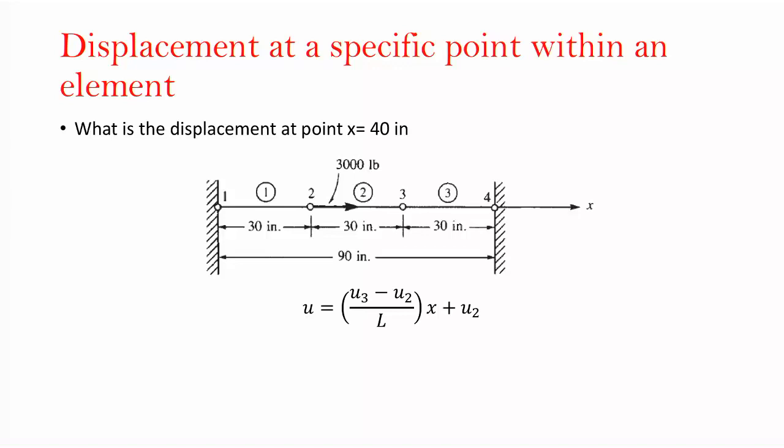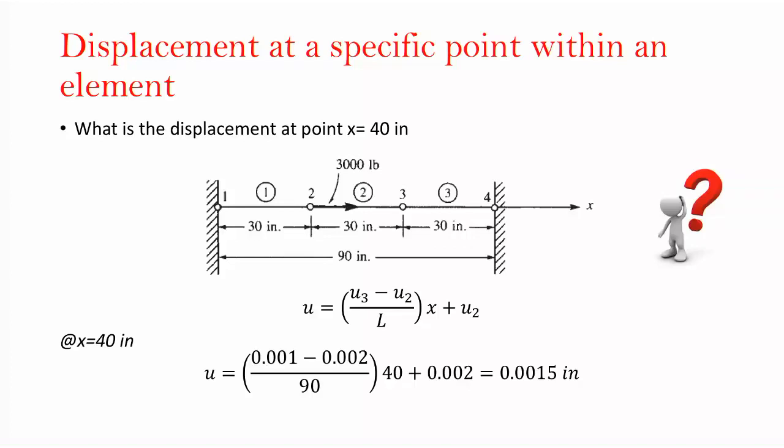So here, the node numbers for element number 2 are 2 and 3, which means that we need to substitute U1 by U2, and U2 by U3, using the nodal values at node numbers 2 and 3.